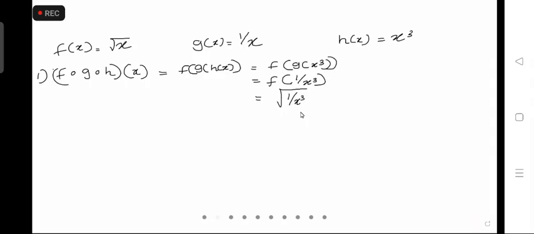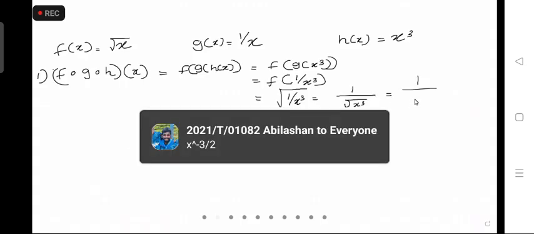To be able to obtain this, suppose you can write like this way: root 1, root 3.